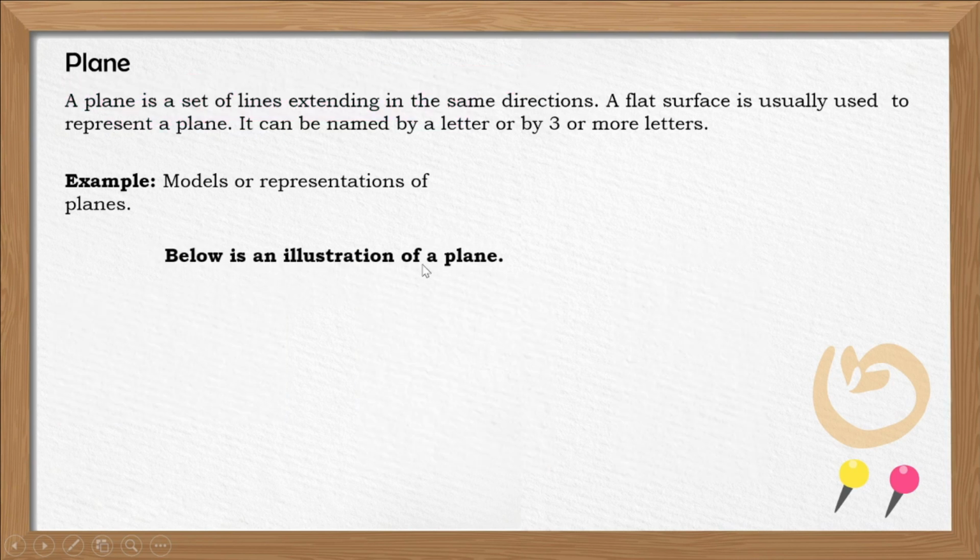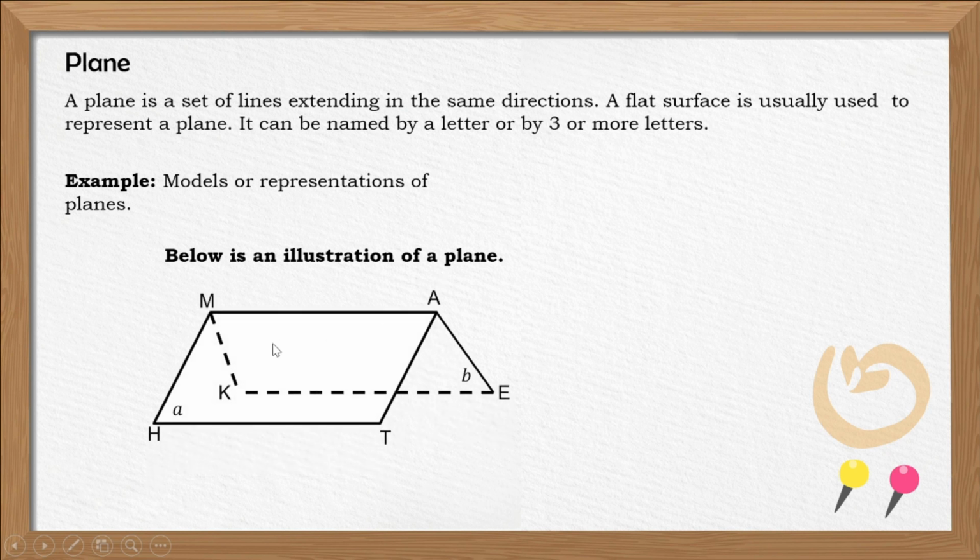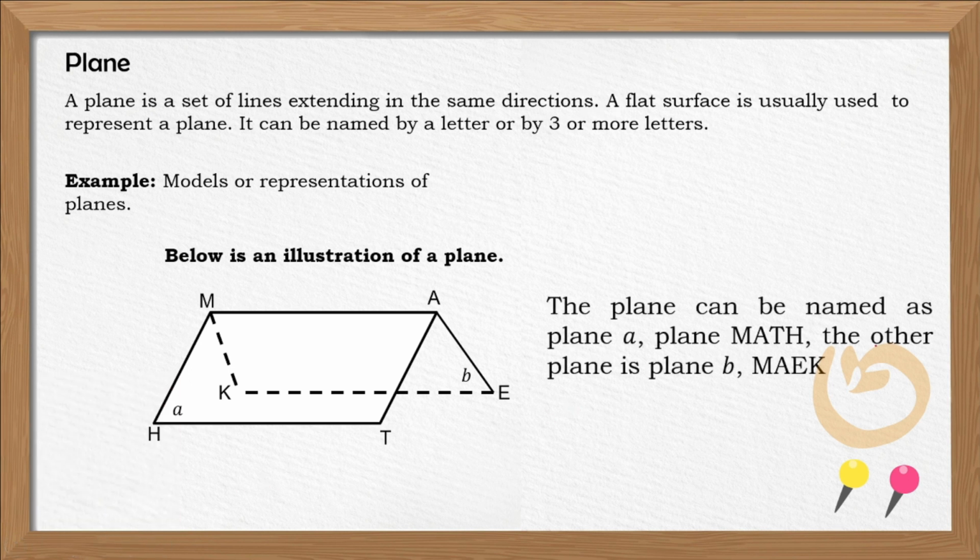Below is an illustration of a plane. So we have this. There are letters. There are points. So how do we name a plane based on this diagram? So the plane can be named as plane A. So take a look at this parallelogram.